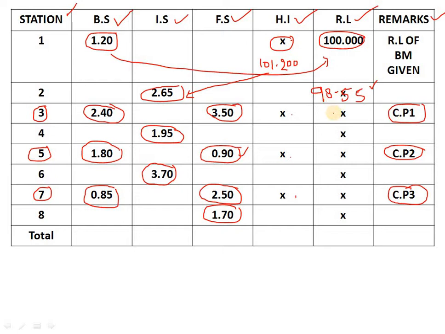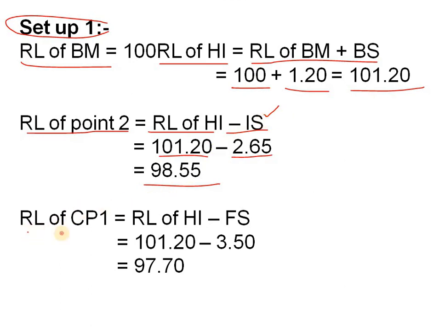Now to get the RL of station 3, what we have to do? The height of the instrument is 101.200 we have got. From this we have to do the minus of 3.50. So RL of change point 1 is equal to RL of HI minus FS. 101.20 minus FS, which is given as 3.50, then we will get 97.70.